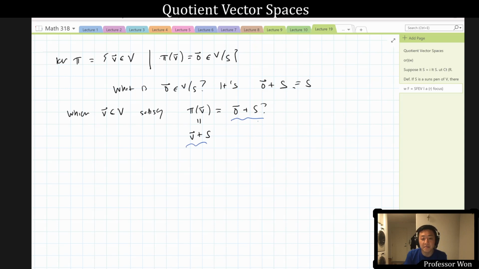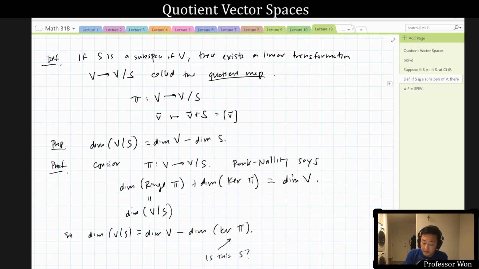It means exactly that v minus 0 is in S. So this is exactly the v in V such that v minus 0 is in S. In other words, it's all the ones where v itself is in S. So the kernel of pi is exactly S, which tells us what we want. The dimension of V mod S is the dimension of V minus the dimension of S.